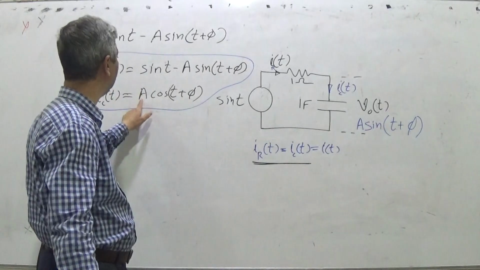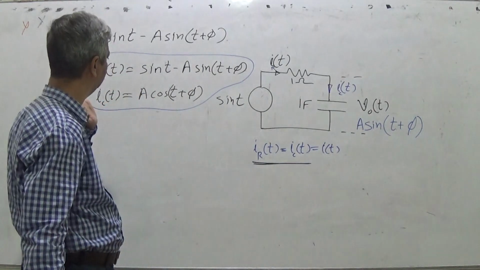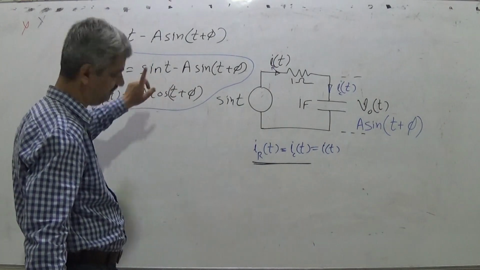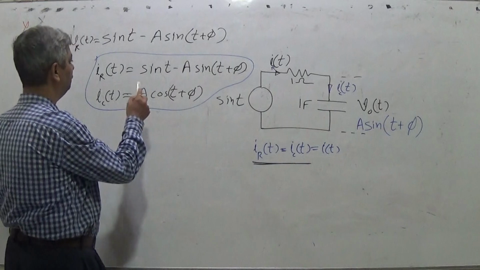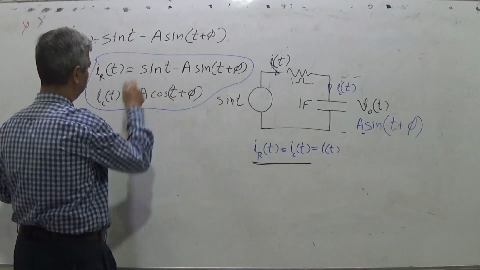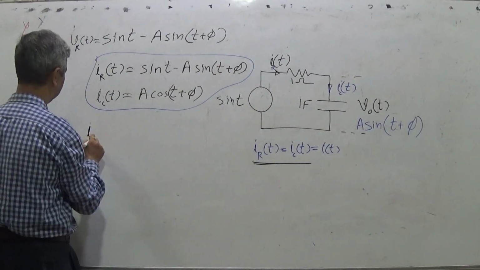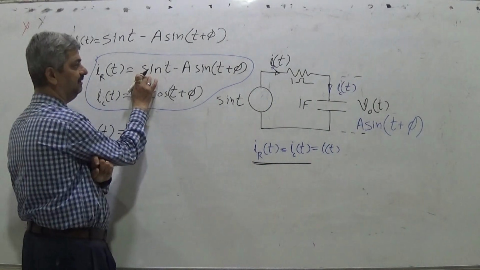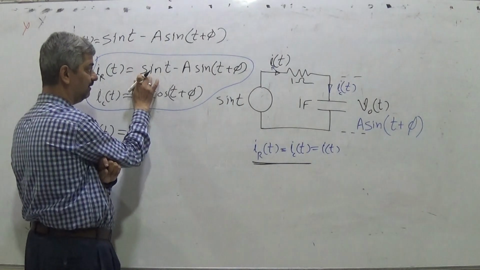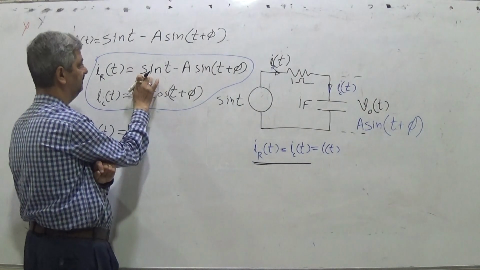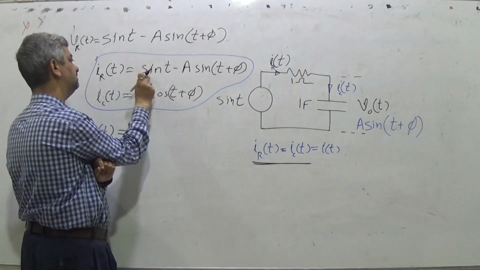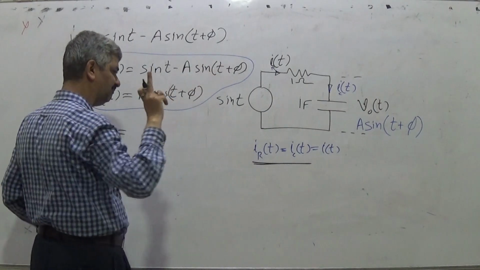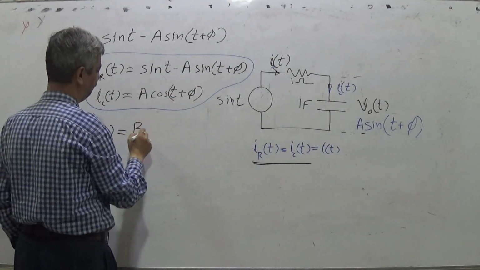And this is A cos(t + φ), so this you can convert to sine again, or you can replace this iR(t), which you can find as 1 sin(t + 0) minus A sin(t + φ).